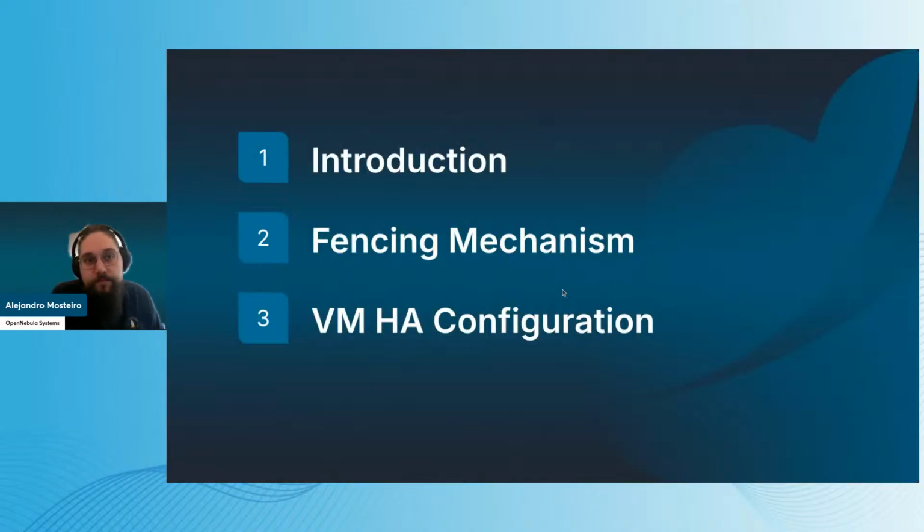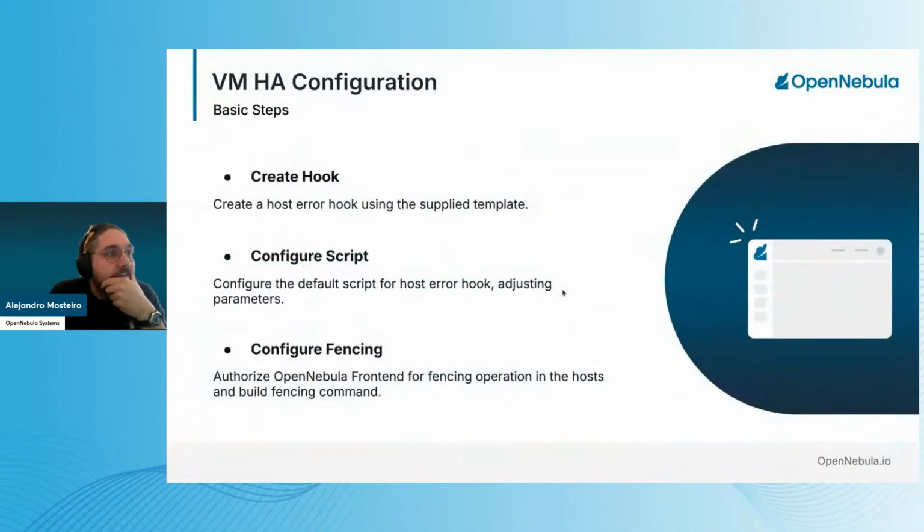And yeah, that's basically about the fencing mechanism. And then related to the configuration of the virtual machine high availability, the basic steps that we have to follow are creating a hook that's available in the OpenNebula installations.